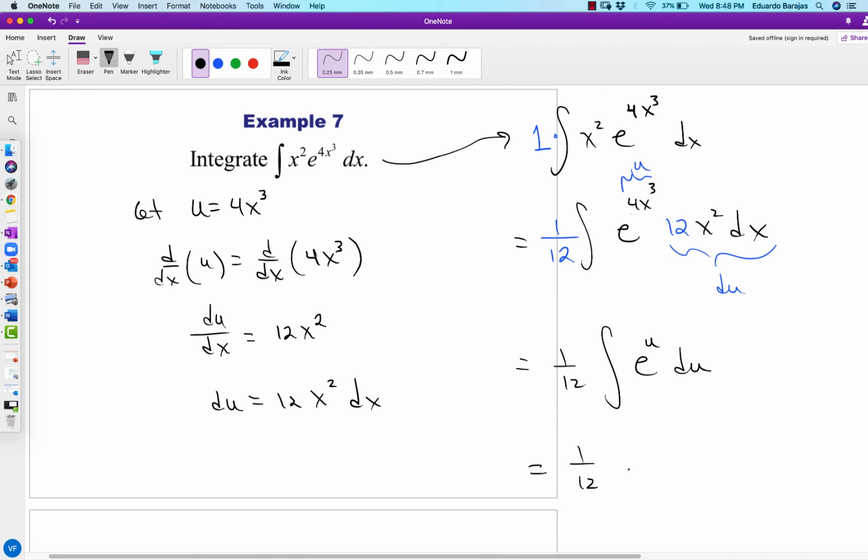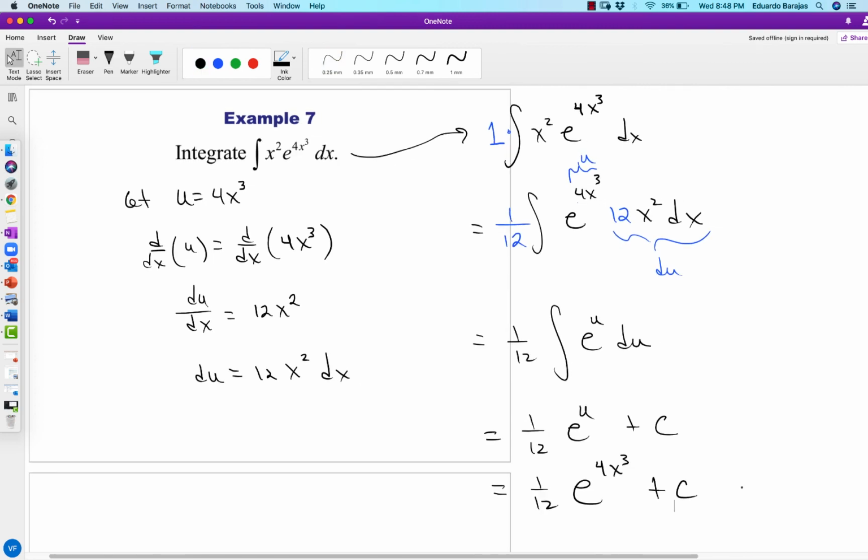That's going to be 1/12 e to the u, that's the integral of e to the u, plus some constant. And then finally, we just got to make sure we resubstitute the u back. And so the u was 4x to the third power, plus some constant. That'll be our answer.